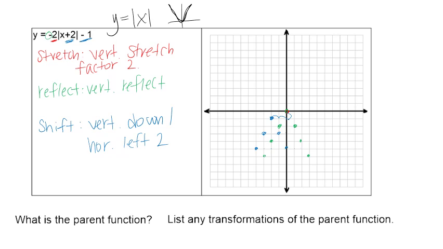Down 1, to the left 2. Okay, I'll go back and I'll erase those green ones just so that they don't confuse me. I'm going to erase the other markings that I have as well. And then we will graph.